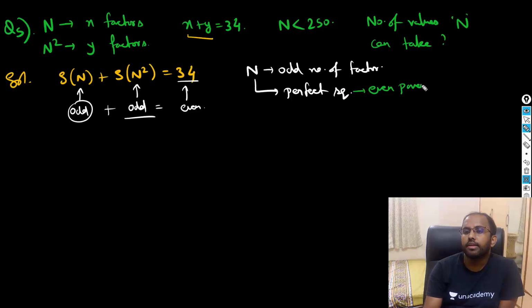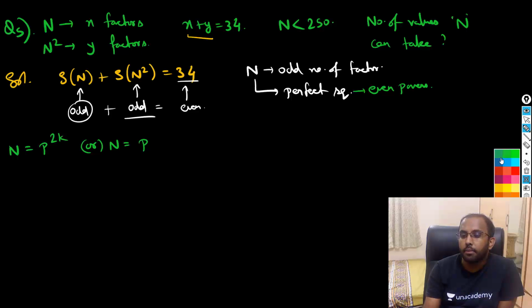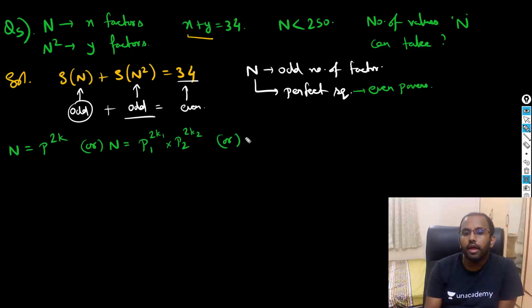So if n has even powers, then n can be a prime number raised to an even power, or a product of primes, let's say p1 raised to 2k1 into p2 raised to 2k2, like that it can happen. So I don't know actually which is what.